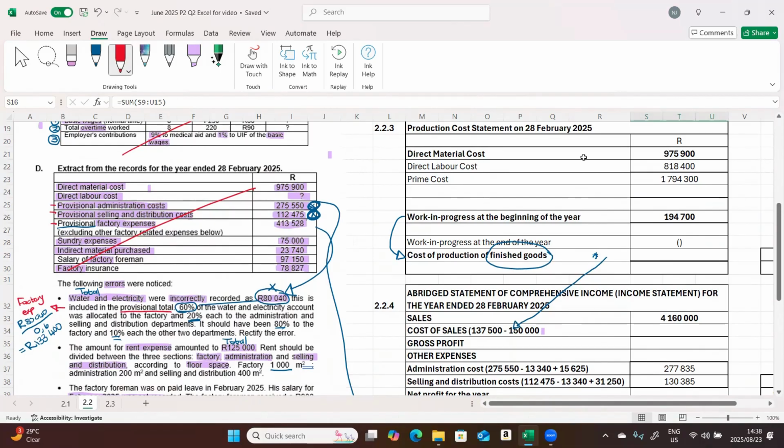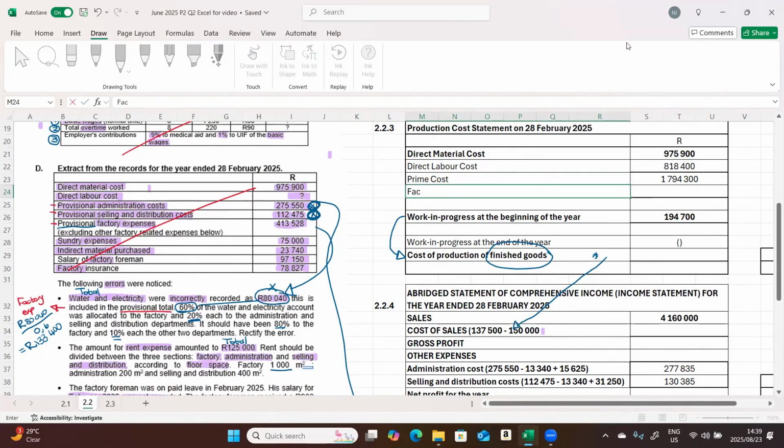Direct material costs, 975,900, and our direct labor cost of 818,400. When you add these two things together, you get your prime cost. Okay. Remember that we actually have to go and add our factory overhead cost.